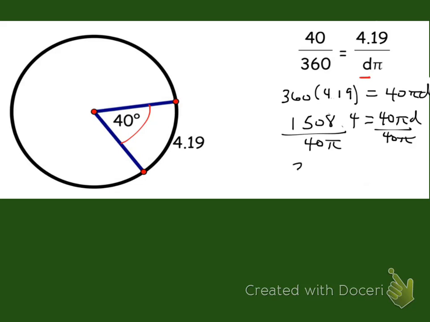You're going to end up with 37.71 over pi is equal to d.